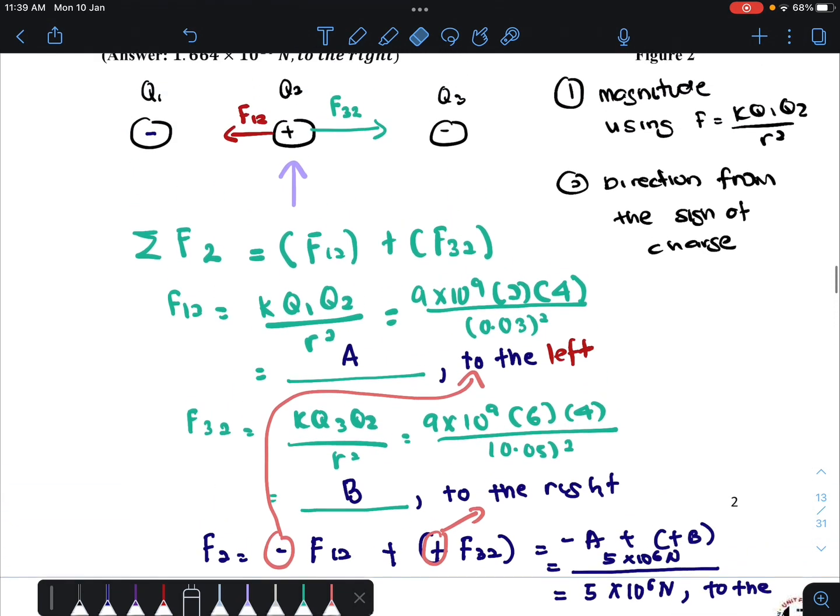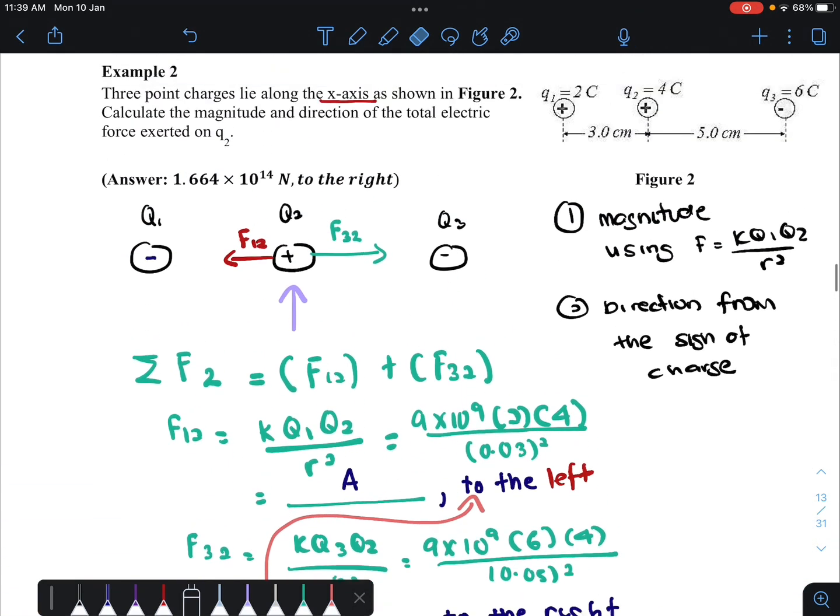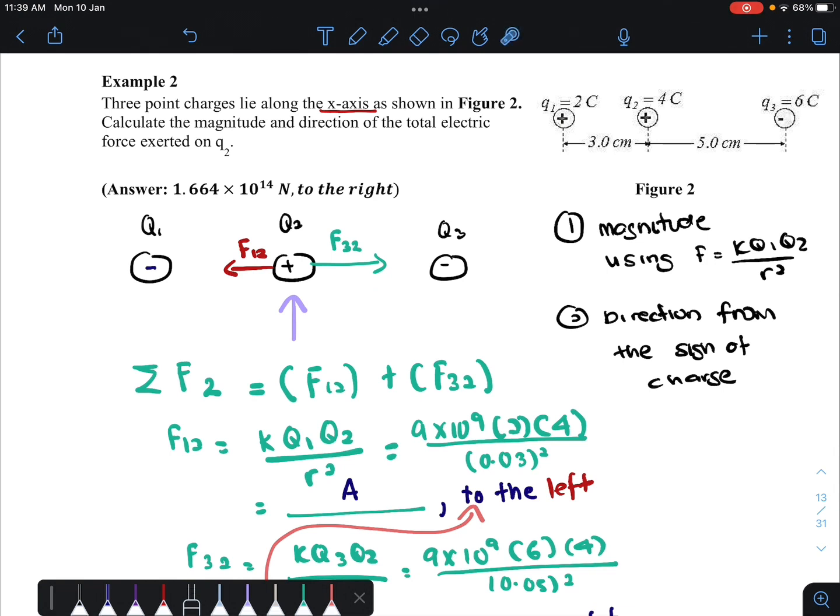Are we all good? So you have to remember, every time you want to find the force, if it says total electric force, or even when it does not mention total electric force but asks for the forces acting on Q3, for example, and next to Q3 you have 2 charges, meaning in our case there are more than 2 charges. So when you have more than 2 charges, you are going to experience more than 2 forces.